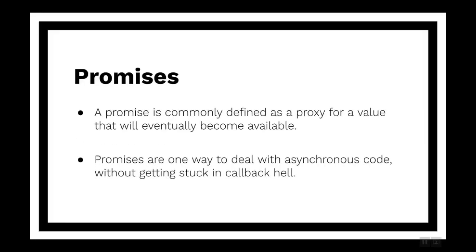So, promises. Promises are very important in JavaScript. Make sure you understand this very thoroughly, because you will be using this in advanced JavaScript, especially in various JavaScript frameworks such as Node.js, as well as front-end frameworks such as Angular. A promise is commonly defined as a proxy for a value that will eventually become available.